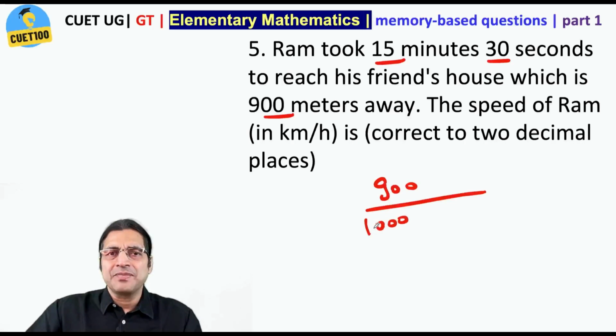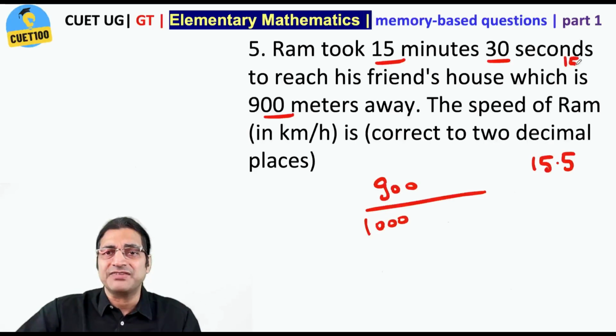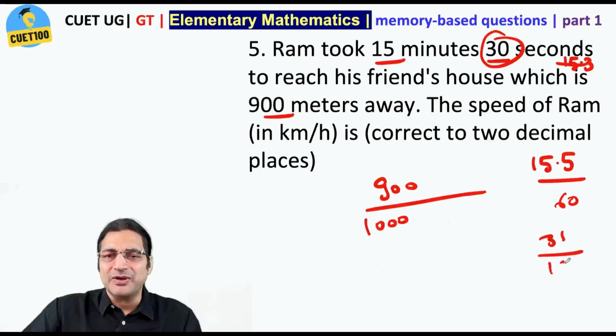And time taken is 15 minutes 30 seconds, that is 15.5, and hey, do not commit the blunder of taking this as 15.3. 30 seconds is half of a minute, so 15 minutes and 30 seconds is 15.5 minutes. This converted to hour would be 15.5 divided by 60, that is 31 divided by 120.